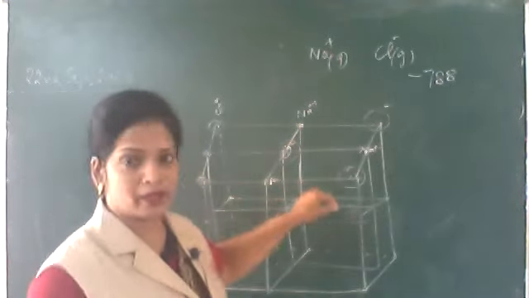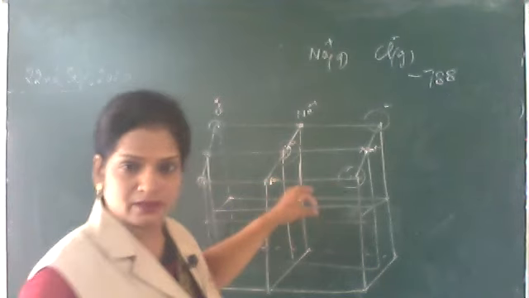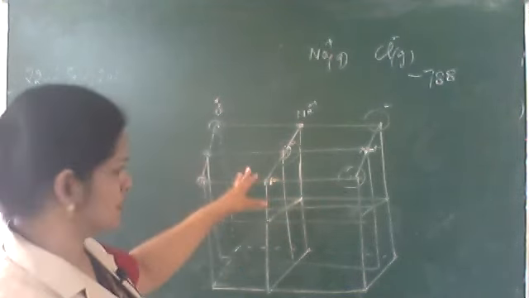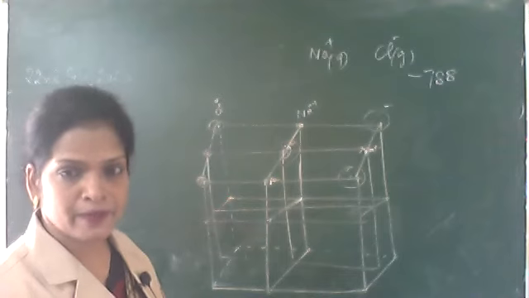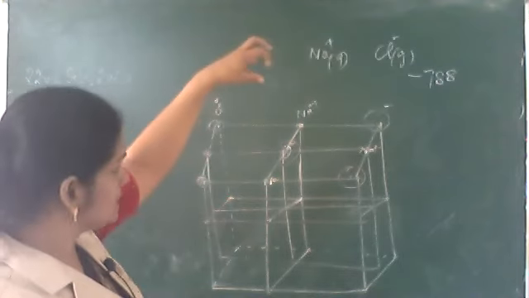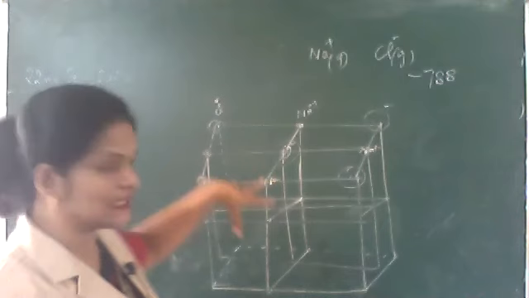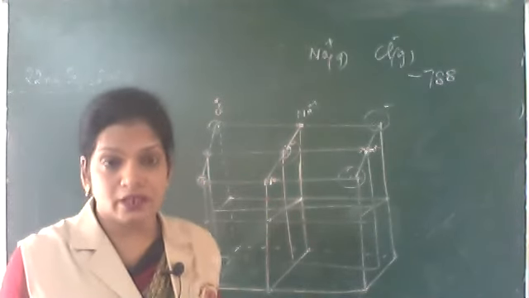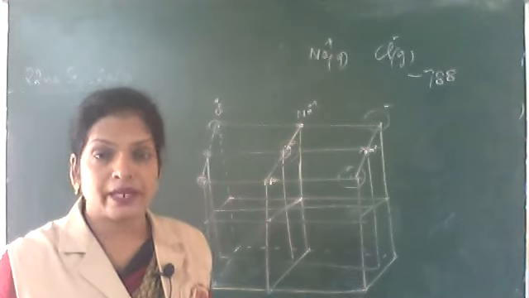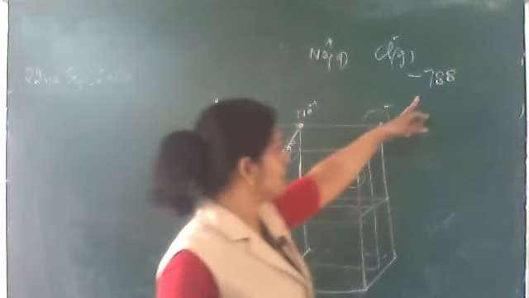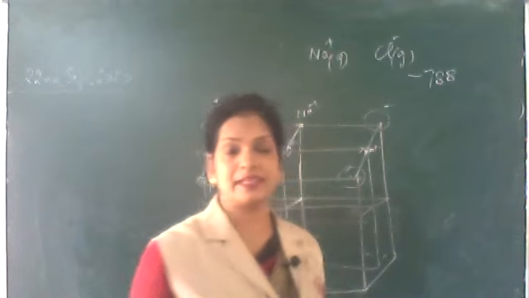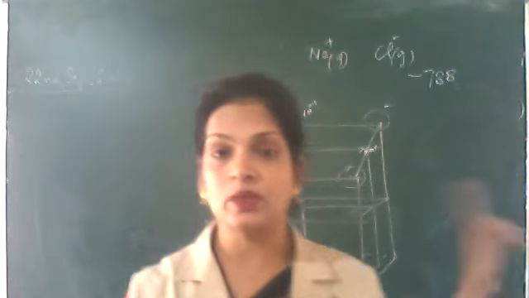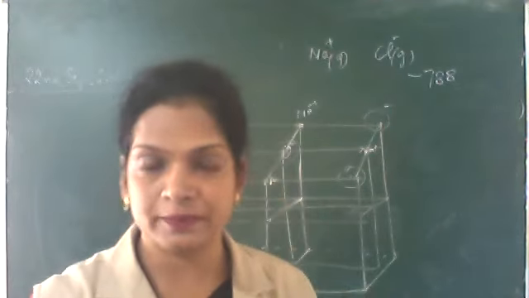Each and every corner where there is a crossing, there you will find an ion. So when these ions come to occupy the lattice points, lots and lots of energy is released. That energy is called lattice enthalpy, that is minus 788. So this minus more than compensates that plus 147.